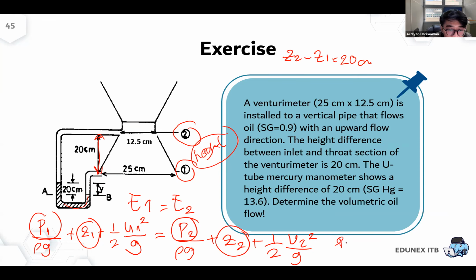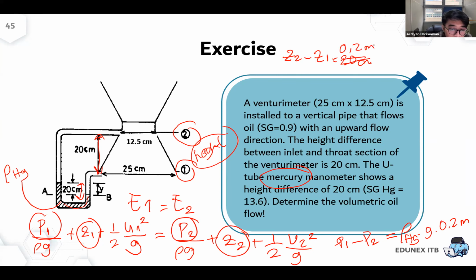So P1 minus P2 will be the density of this, let's say, the mercury, right? Times this height difference, 0.2 meters. This one also 0.2 meters.